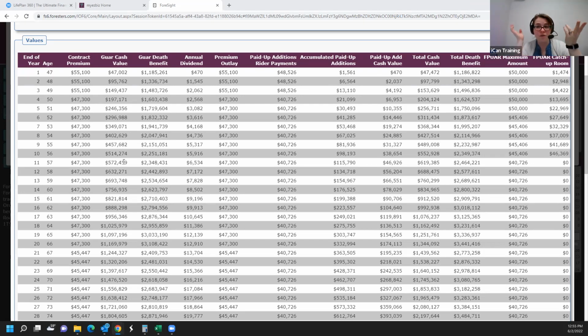So term life is cheap. Let's say that you have a $500,000 30-year term policy and it has cost you $75,000 over that 30 years.